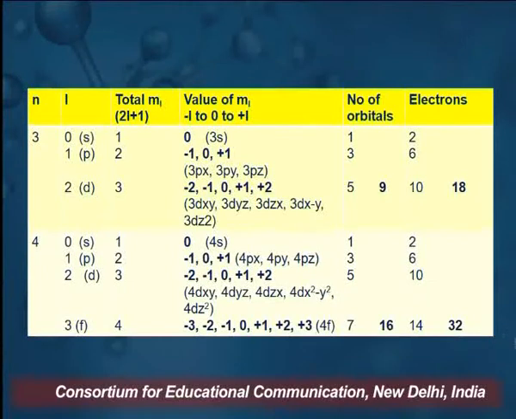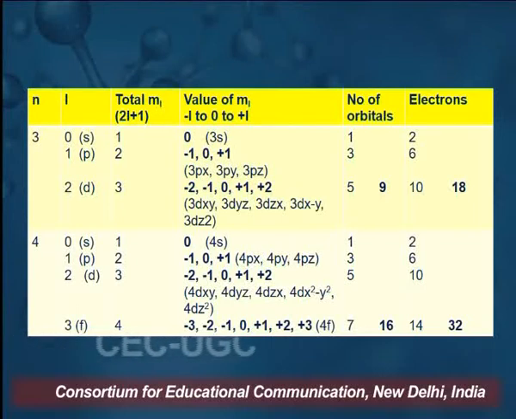We'll take another example. Let us take the example of n equal to 4. Here we can have 4 values of l, namely 0, 1, 2, 3. That means s, p, d and f. Now we calculate the value of the magnetic quantum number for each of the orbitals. For l equal to 0, we get m equal to 0. For l equal to 1, we get minus 1, 0 and plus 1. For l equal to 2, we get minus 2, minus 1, 0, plus 1, plus 2.